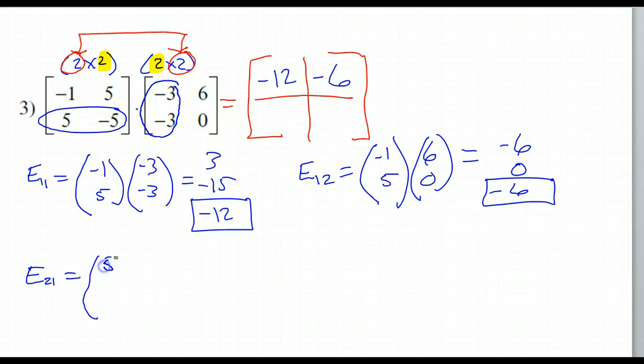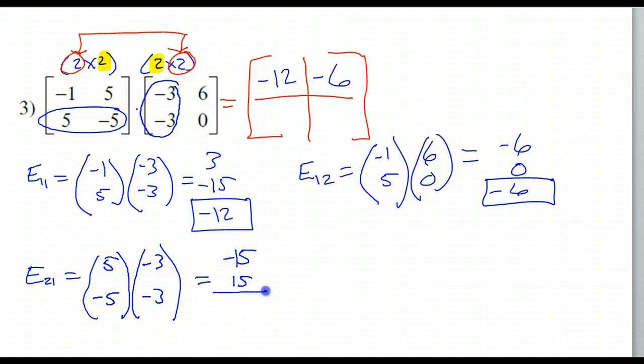Row 2 is 5, negative 5. Column 1 is negative 3, negative 3. That gives me negative 15 and positive 15. Together that makes 0. So I'm going to have a 0 term.